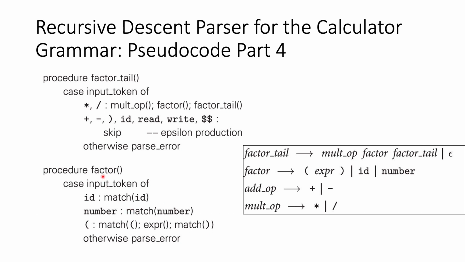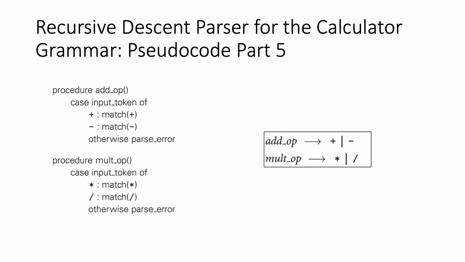And in the subroutine for factor, the way we figure out which tokens predict which production for factor is similar to that for the non-terminal STMT that we had seen in the second part of the recursive descent parser for the calculator grammar.